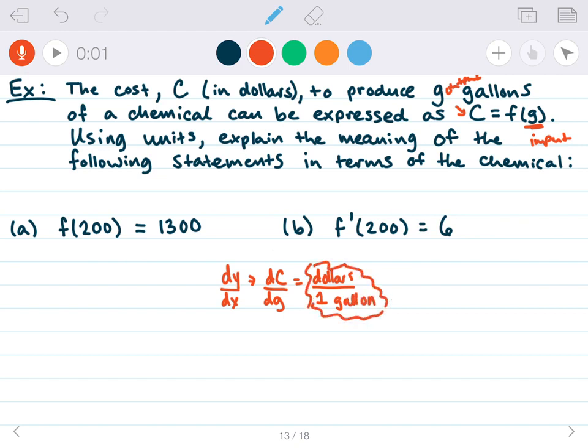All right, going back to part A. This is pretty standard function notation. We have an input, we have an output. And this is telling us that when we produce 200 gallons, it's going to cost $1,300.